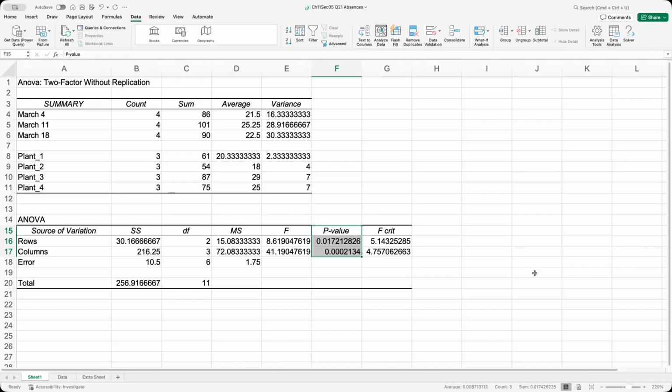But we have to reject those rows and columns. I have to reject both rows and columns. The p-values are both smaller than 0.05.